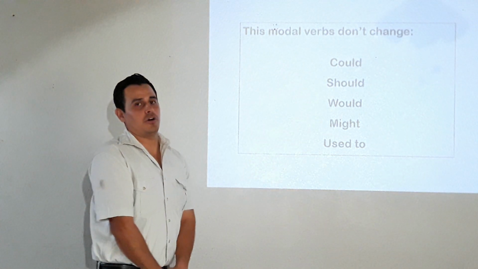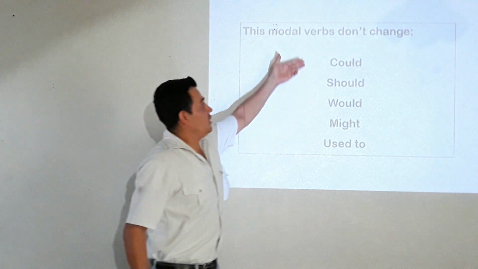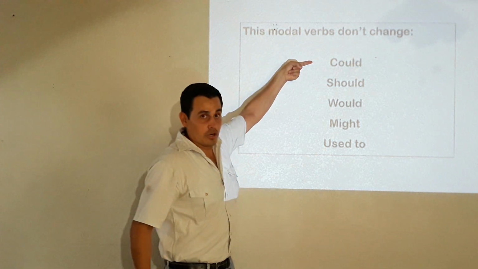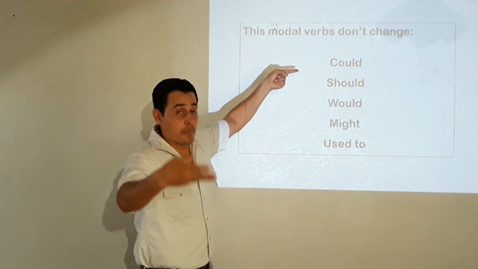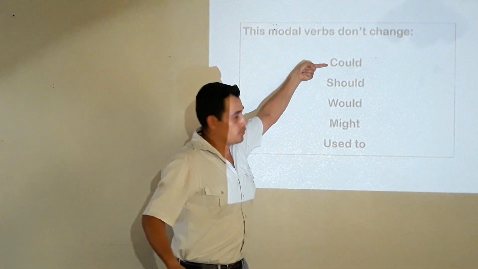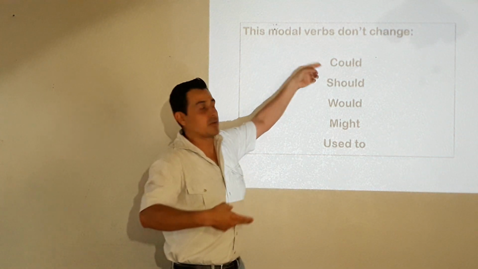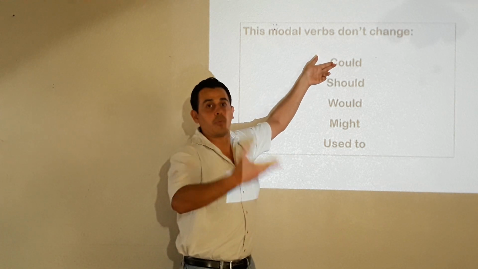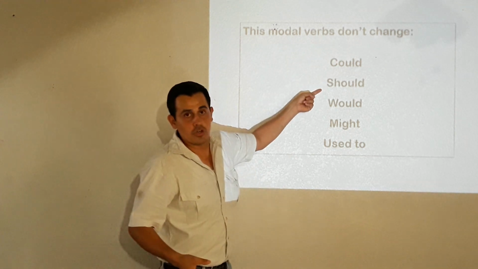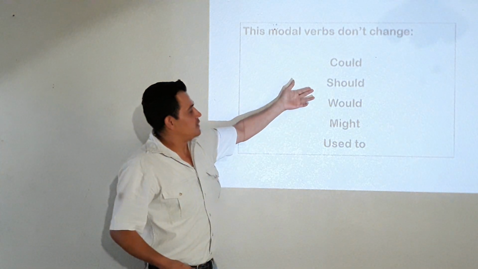First, could doesn't change. If a person uses could when saying something, and if you are going to report that to somebody else, you are going to use could again. Okay, this is for the speaker and this is for the person who reports that. Again, should. Then the same thing.